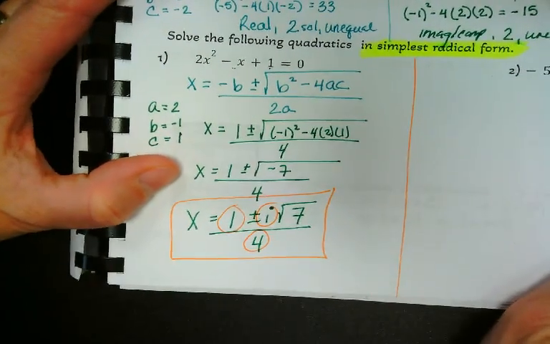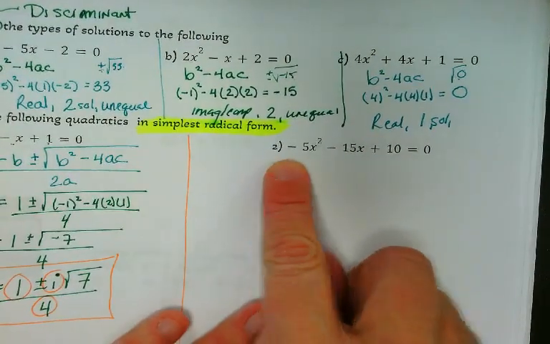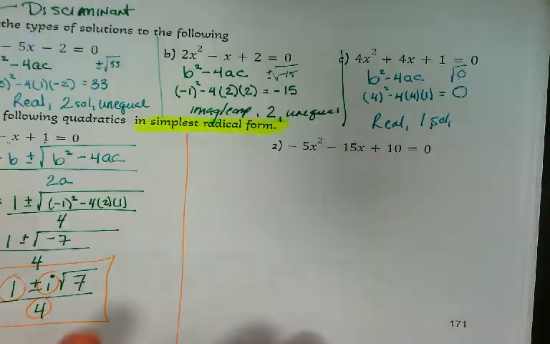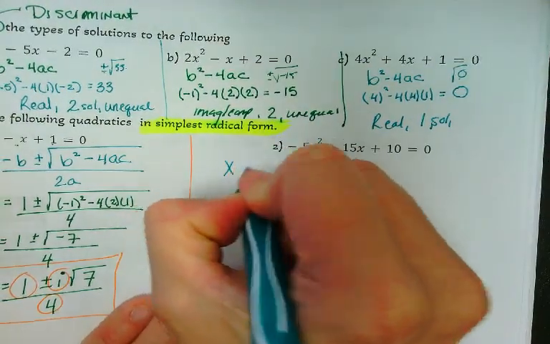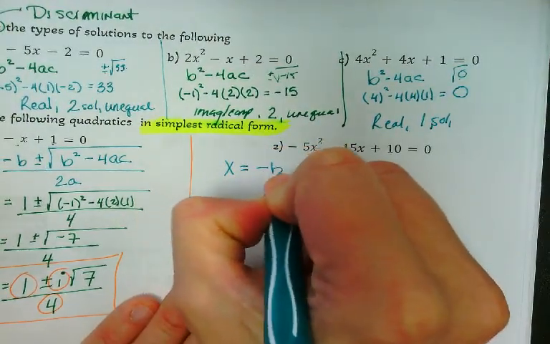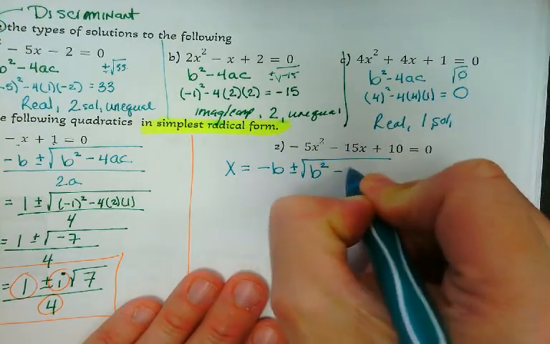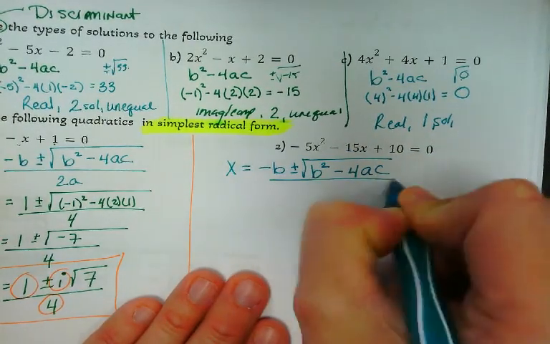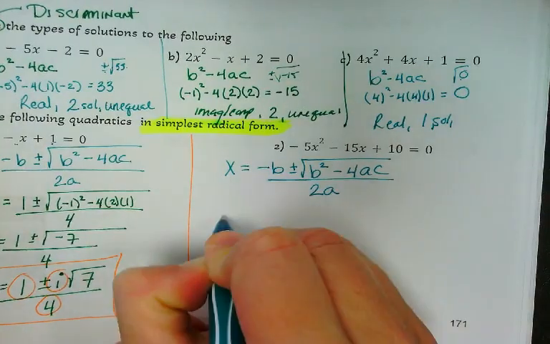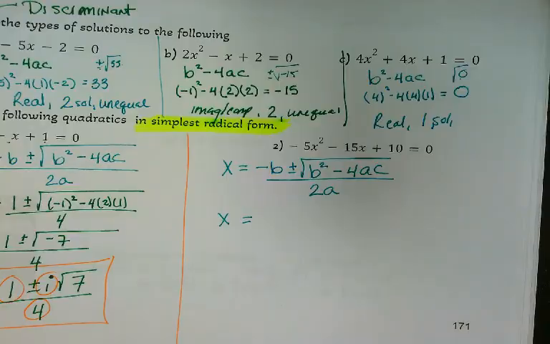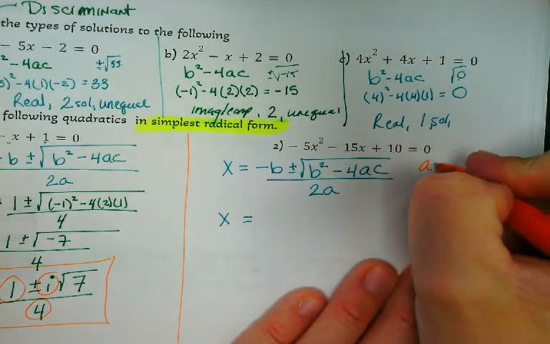So let's just take a look at example 2. The only thing in quadratic formula is that it has to be set equal to 0, which it is. So now we're ready to use it. So keep saying it to yourself. X equals -b plus or minus the square root b squared minus 4ac all over 2a. All right, Braden, who is my a value?